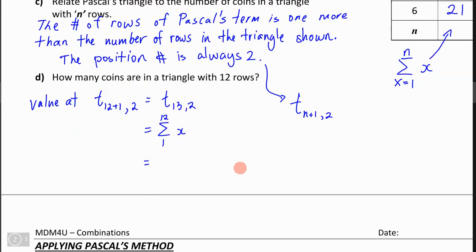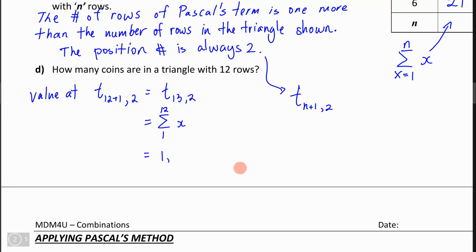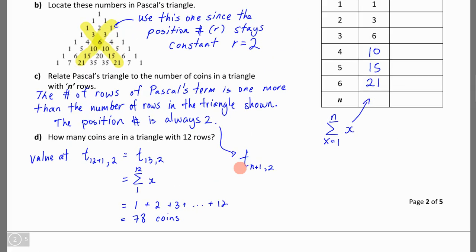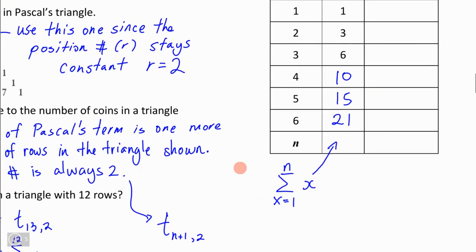If you add 1 plus 2 plus 3 plus dot dot dot all the way to 12, you will have 78 coins. And I'm just using the formula that I have up here.